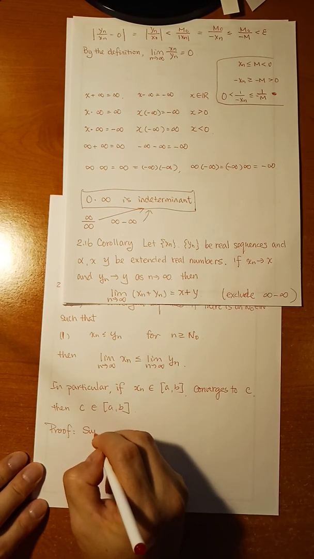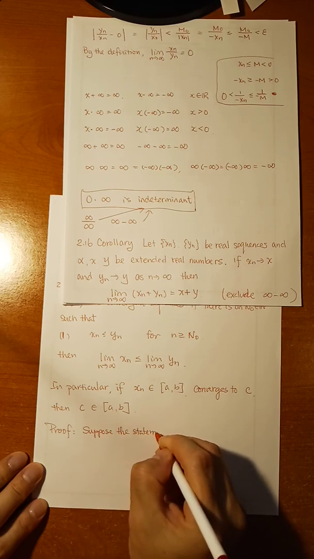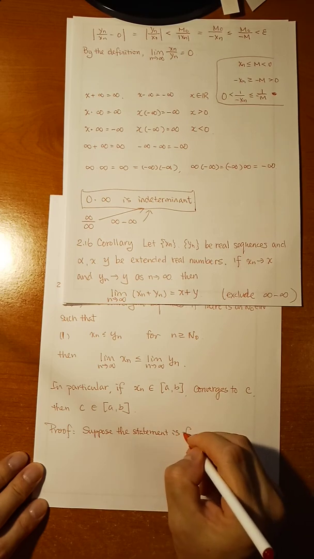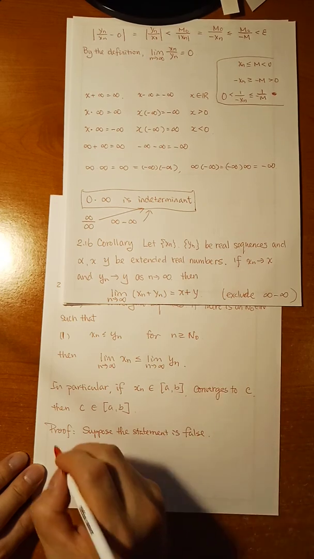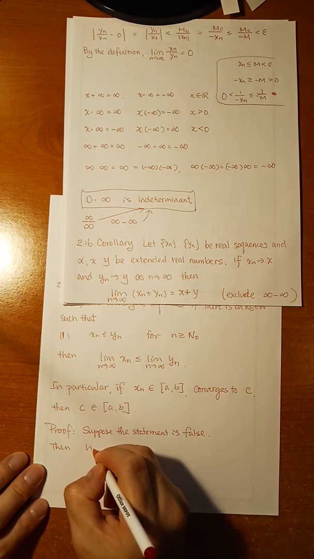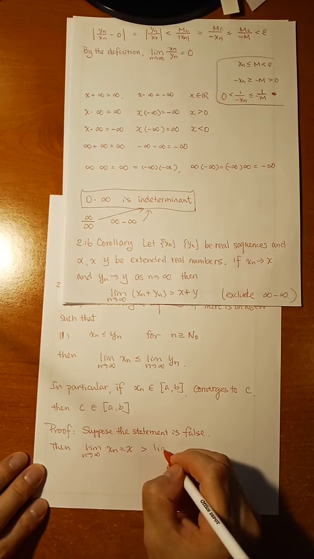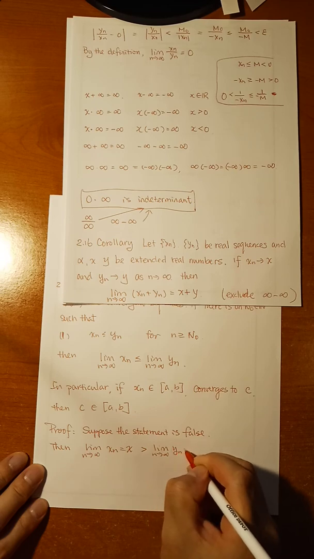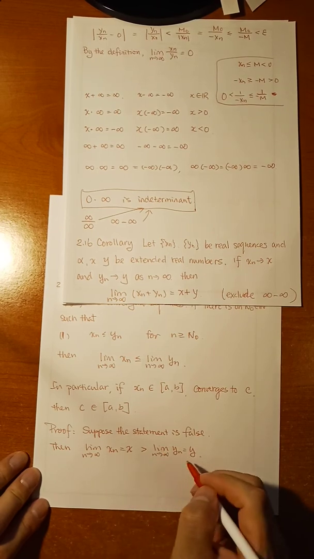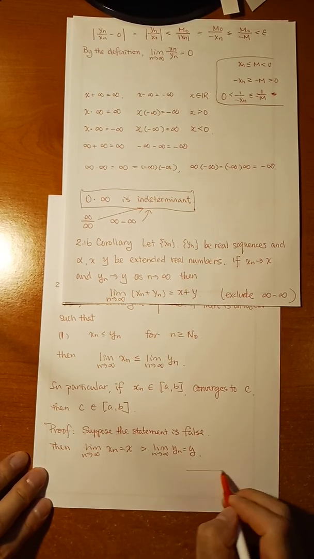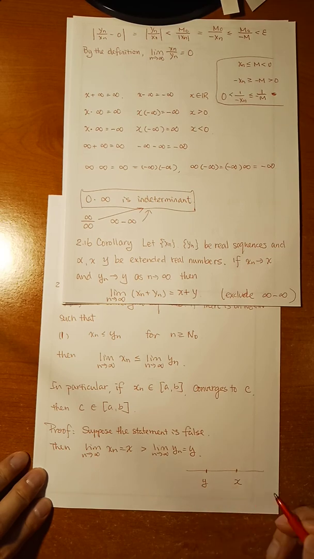Suppose the statement is false. The statement is false means the limit of xn is greater than the limit of yn. Then the limit of xn equal to x is strictly greater than the limit of yn equal to y. So x is strictly greater than y. Okay, so this is y, this is x.